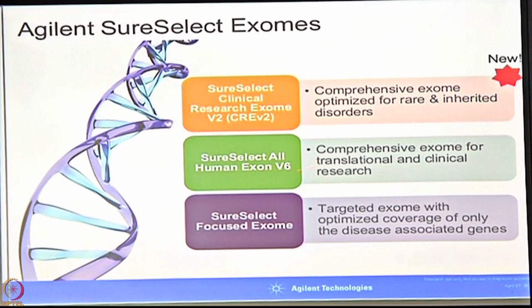We have the latest exome panel, V7. This one mentions V6, but we now have V7, which covers all translational and clinical research. It covers the whole exome. We also have a very small focus exome panel, which covers disease-associated regions. But most of the rare diseases I talked about before are studied with the clinical research panel.